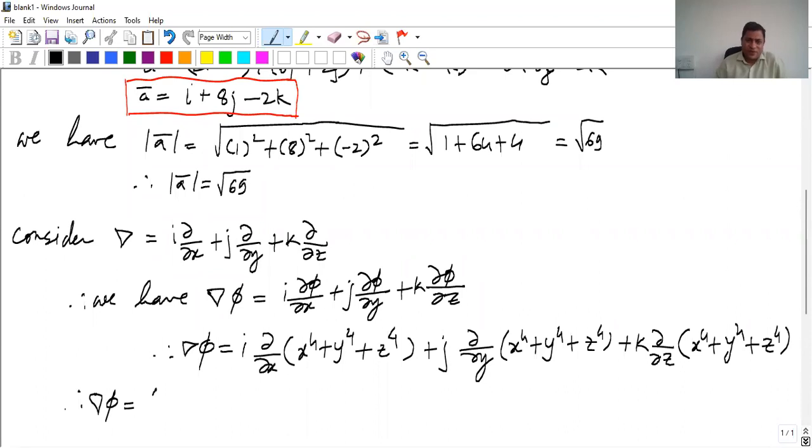It is going to be 4x cube i plus 4y cube j plus 4z cube k.